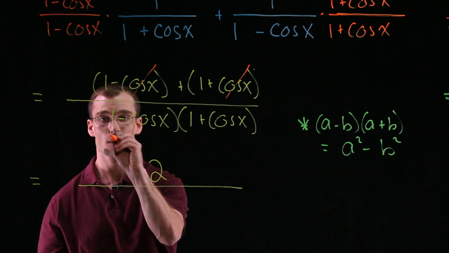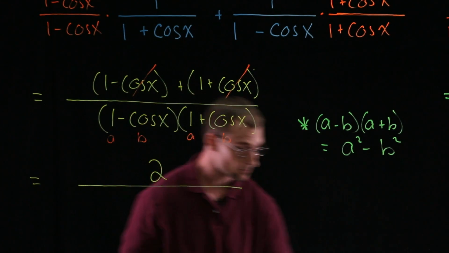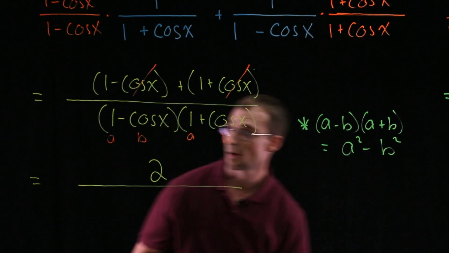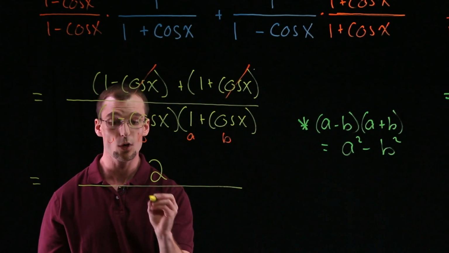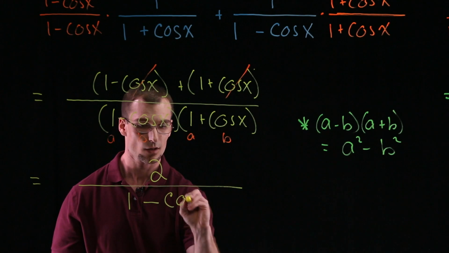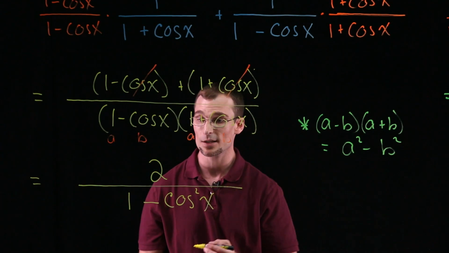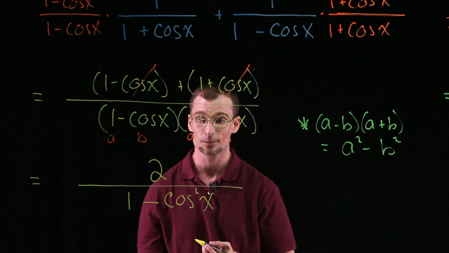So treating our 1 and cosine like our a and our b, the bottom is going to multiply to 1 squared, which is 1, minus b squared, which is cosine squared. So now we have 2 divided by the expression 1 minus cosine squared.